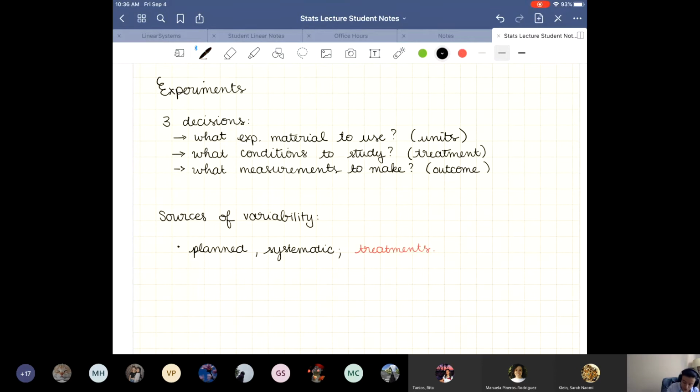Another type of variability that there is is chance-like variability. Chance-like variability is what comes from random assignment. The disadvantage of chance-like variability is that it is somewhat unpredictable, but the advantage is that it is measurable.